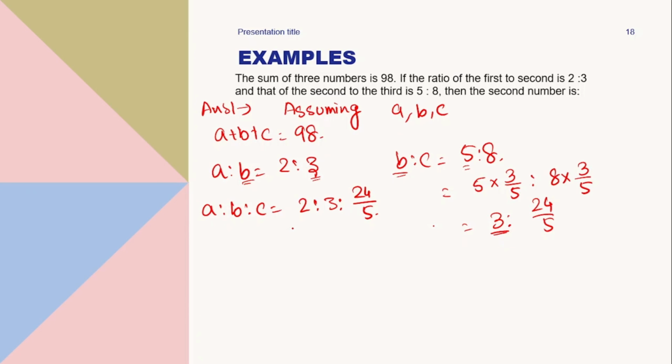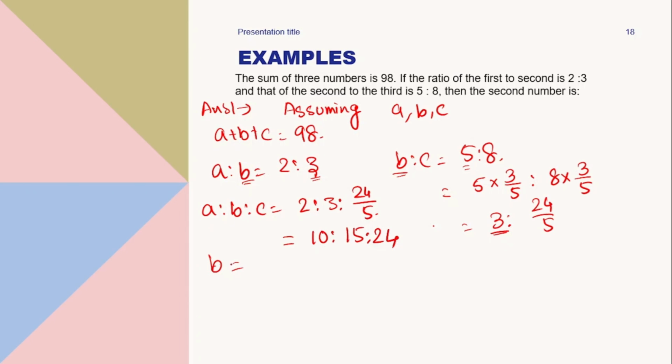So we have to find the second number. a is to b is to c equals 2 is to 3 is to 24 by 5, which can also be written as 10 is to 15 is to 24.